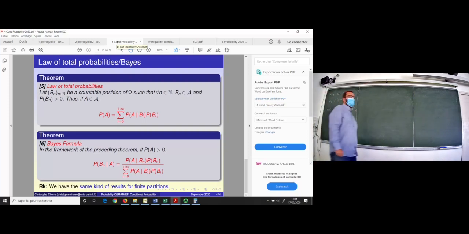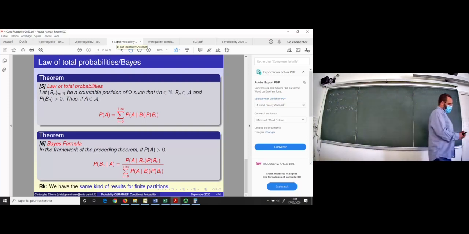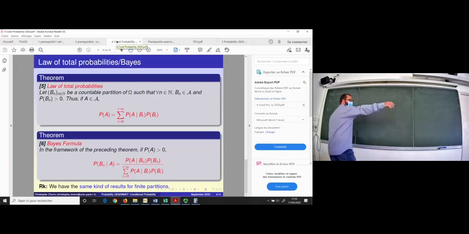It's the law of total probability. So let's start with this second member in my equality and prove that it is equal to this one. If I write the right part of the equality I want to prove, I have P of A given Bn multiplied by P of Bn, divided by the sum from i equal 1 to plus infinity of P of A given Bi, P of Bi.